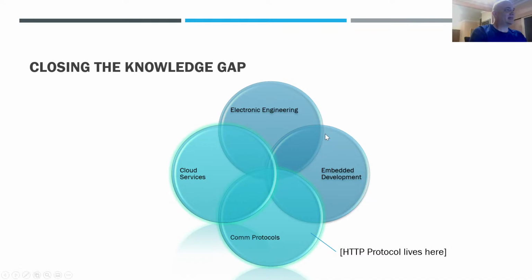If we look at the IoT landscape, we have electrical engineering, embedded development, you need to know comms protocols to be connected to the internet, and you also need to know some cloud services. So right now we're going to be filling in a little bit of a gap on the comms protocol side, in terms of how you actually communicate with HTTP.